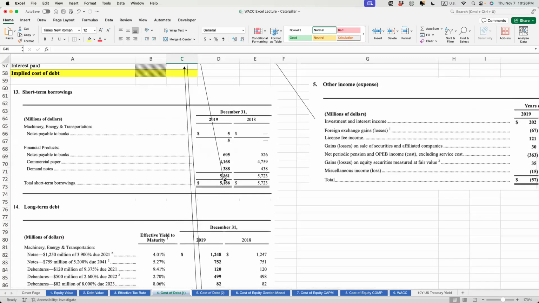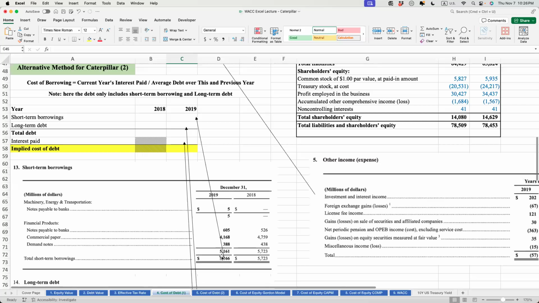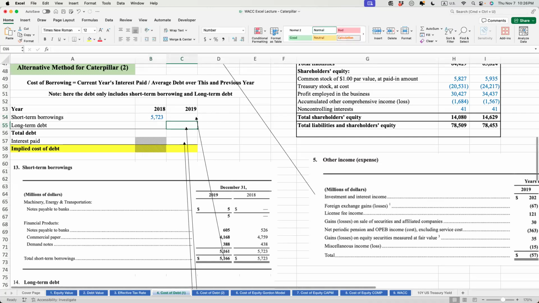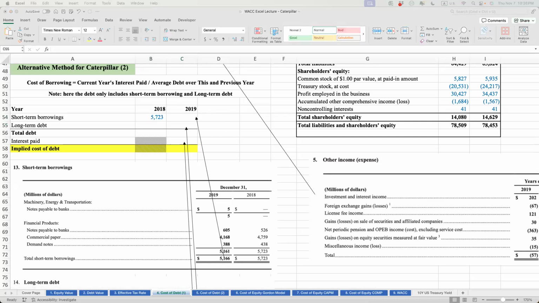Meaning that for the short-term borrowing, we're basically just going to hard code these two numbers here. So short-term borrowing for 2018 is going to be 5,723. And then for 2019 short-term borrowing, that will be 5,166.